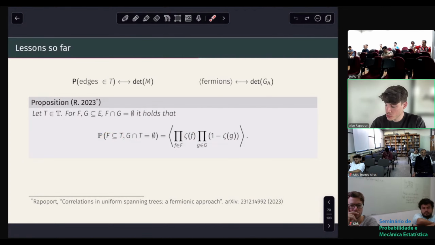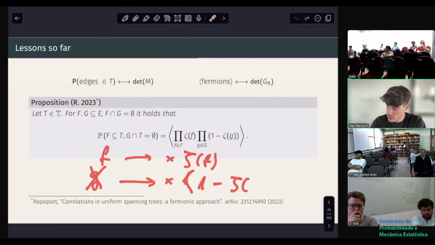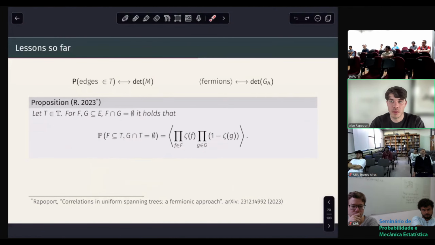And whenever you do not want an edge in G, what you multiply is 1 minus that zeta. So you want F, multiply by zeta in F. You do not want G, multiply by 1 minus zeta of G. That's the cooking recipe that you have here.